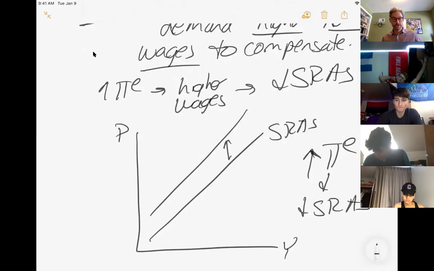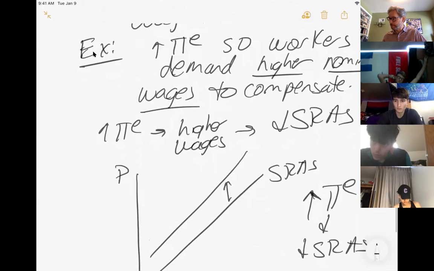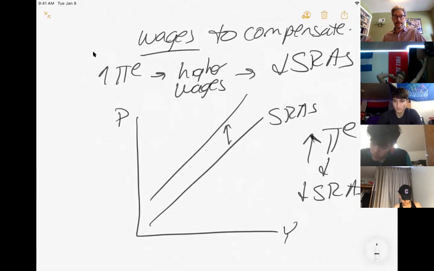Okay? So this is, once again, a part of the story that we're going to use to tell the more complicated story of what happens during a recession, and then how economies recover after a recession, right? We'll come back to this, but for right now, the key thing to remember is that expected inflation is one of the things that shifts our short run aggregate supply curve.